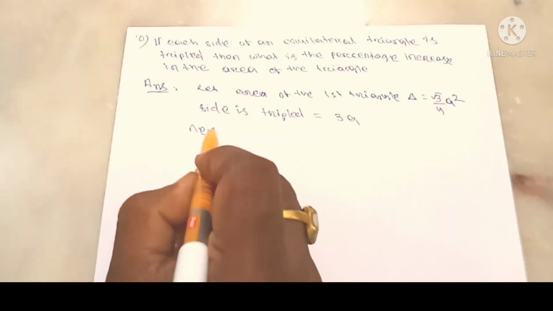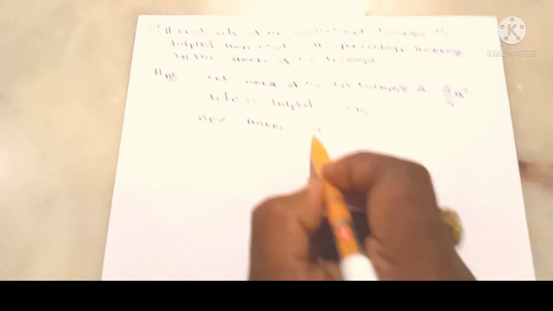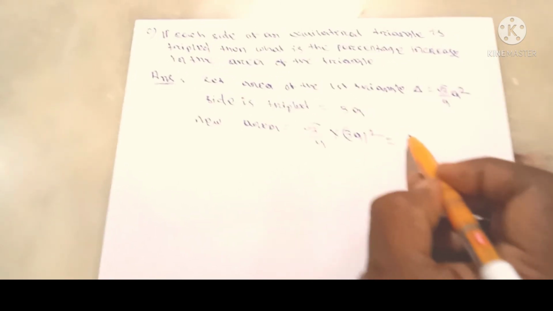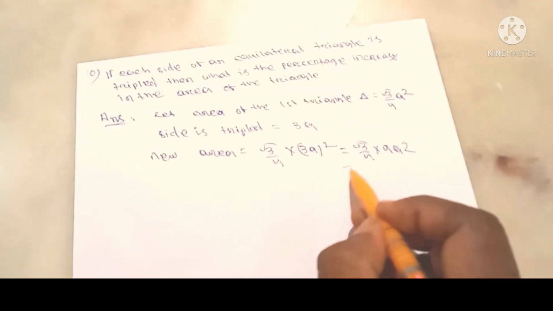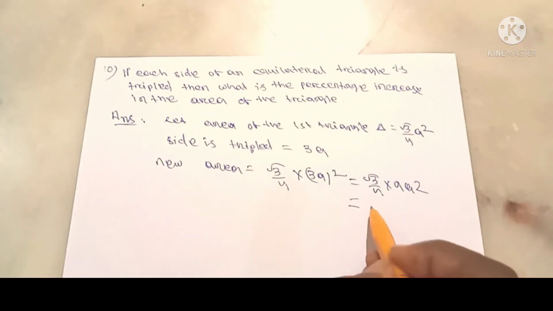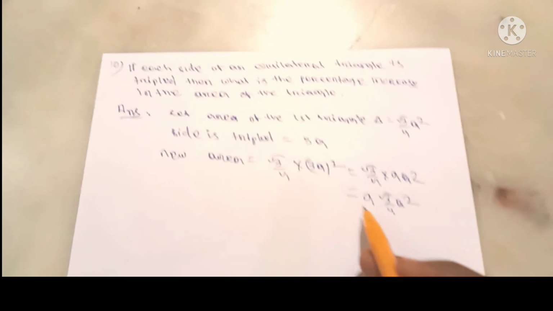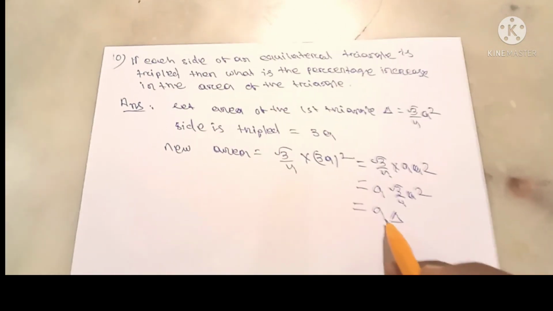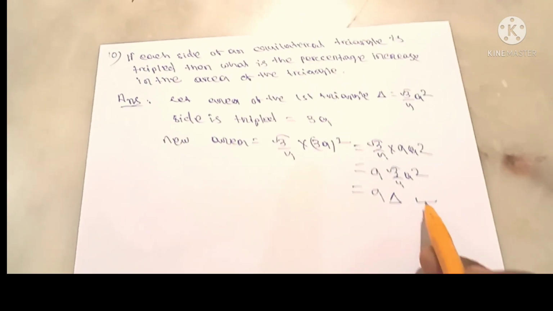The new area equal to root 3 by 4 into side square, or 3a square, equal to root 3 by 4 into 9a square. You can write 9 into root 3 by 4 a square. So here 9 into root 3 by 4 a square, the area of the first triangle, let it delta. Now the new area will be 9 delta or 9 times of the first triangle.